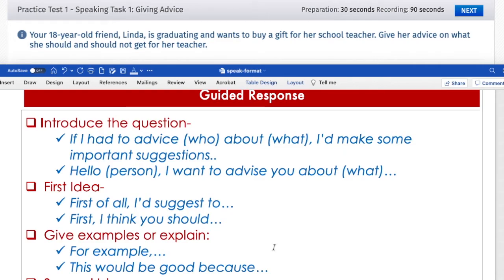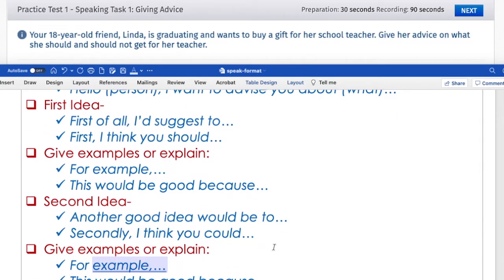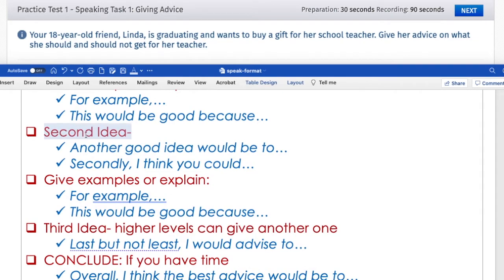Okay, so now we're going to move to a second idea. We can start by saying another good idea would be to buy her some flowers. Secondly, I think you could buy her some flowers.